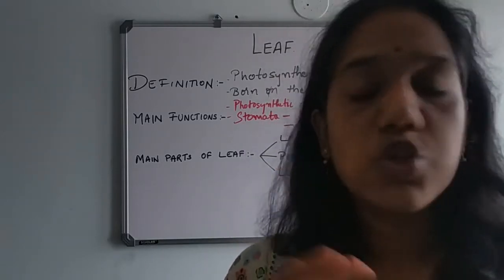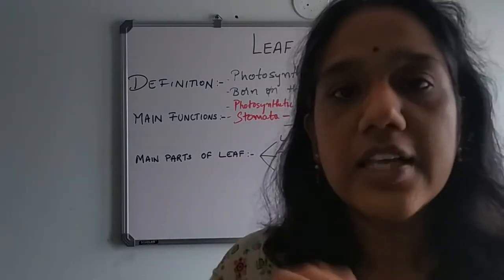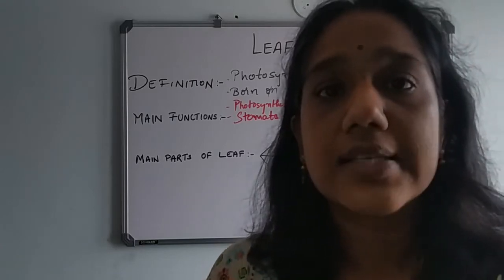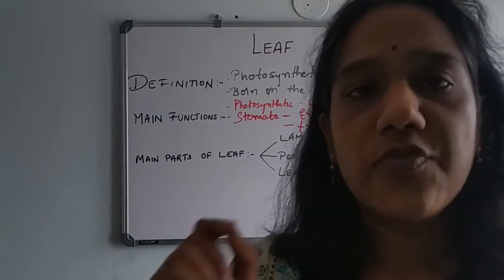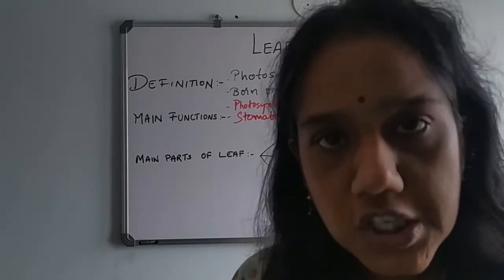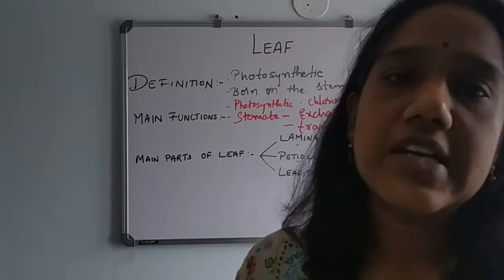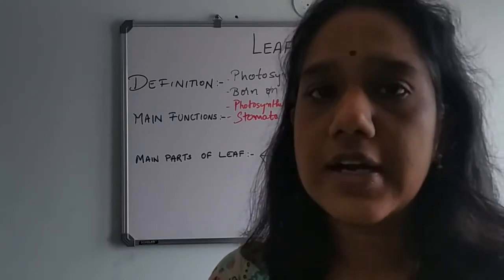And those leaves which do not have any differences in either of these surfaces are called isobilateral leaves. Isobilateral leaves are very common in monocots, and dorsiventral leaves are very common in dicots.